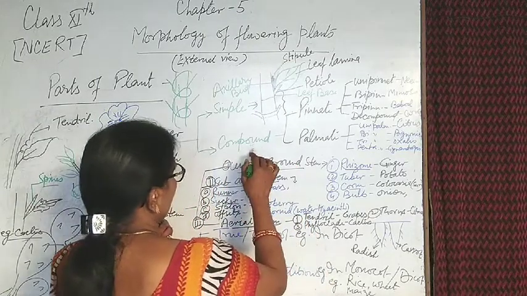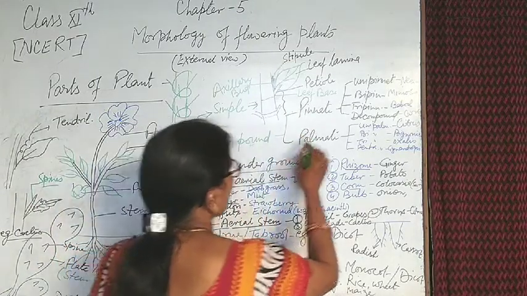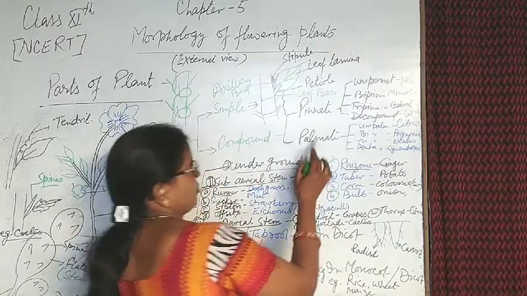Second one is compound leaf, which is further divided into two: pinnate leaf and palmate leaf.